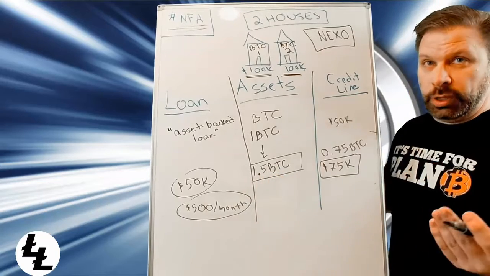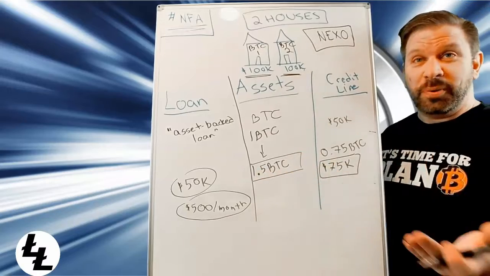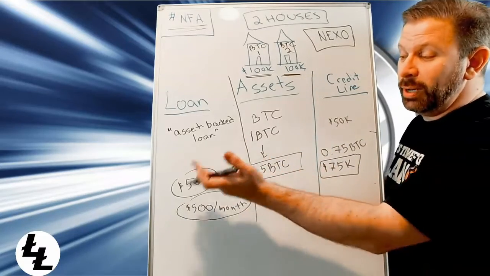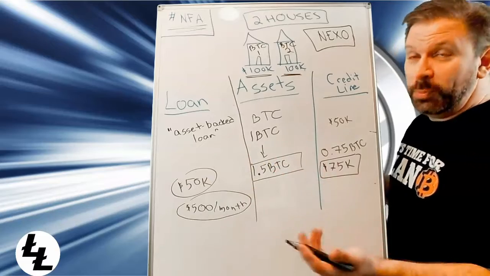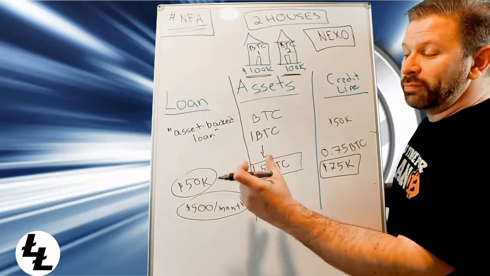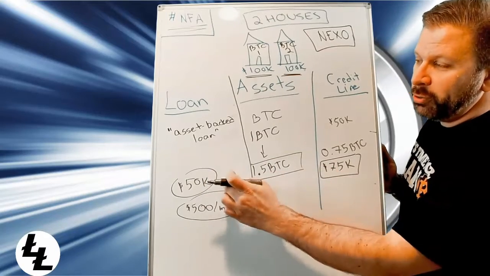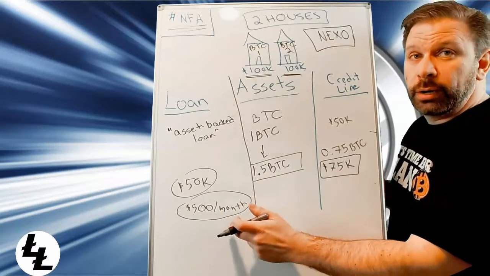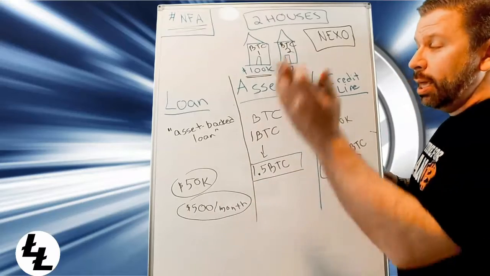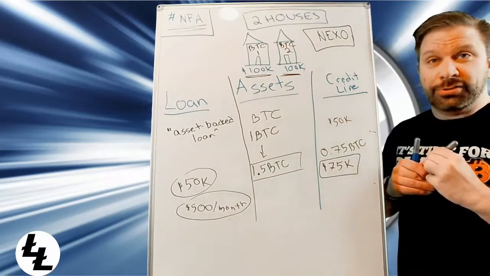So it really depends on what your philosophy is, but if you think that Bitcoin is going to go up and outpace the dollar value, you want to turn as many dollars into Bitcoin. So you should be happy now. You have more Bitcoin. Yes, you have a loan that you have to service, but your credit line is $25,000 bigger than your loan. So this can pay your $500 a month to pay off that loan, until in the future when this asset goes up in value, much like when a house goes up in value.